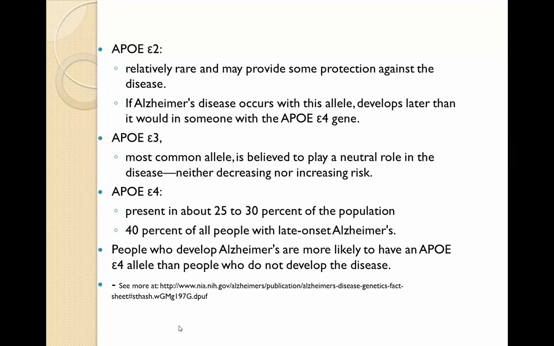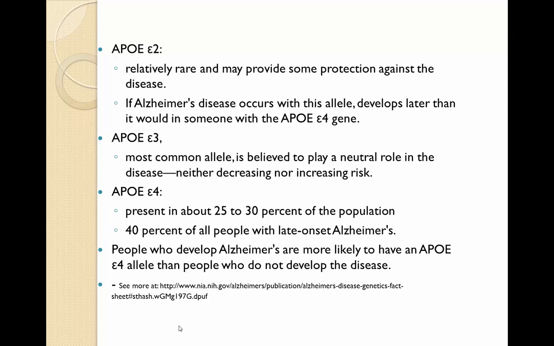About 25% to 30% of the population that has Alzheimer's, they see the defect in the APOE4. And all people who develop Alzheimer's are more likely to have an APO4 allele abnormality than those people who don't develop the disease.